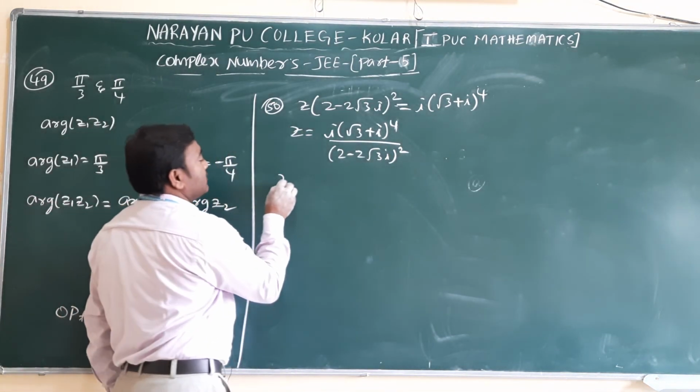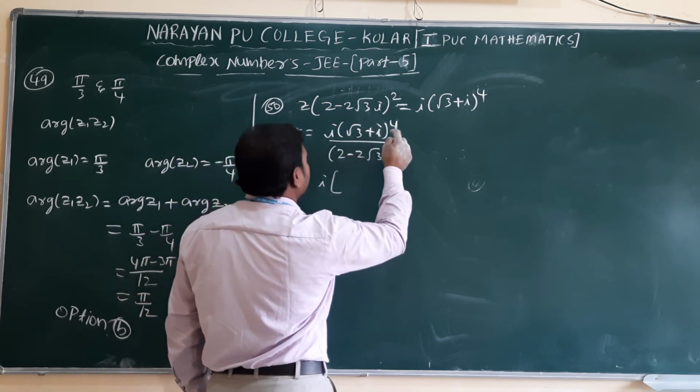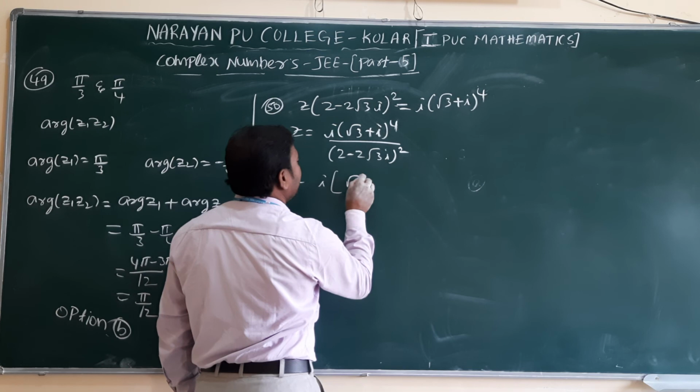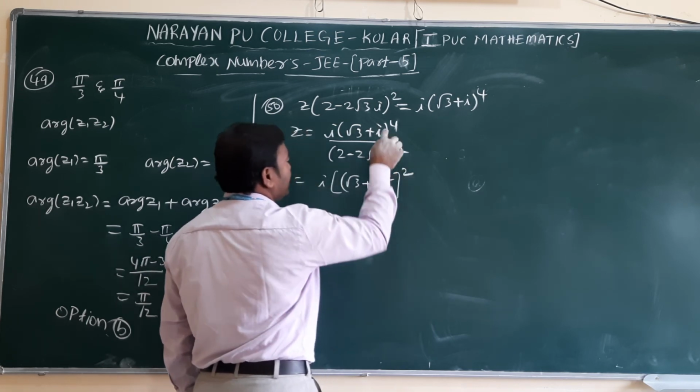It can be written as z is equal to i into (root 3 plus i) whole square, (root 3 plus i) whole square. The whole square gives 4 only.